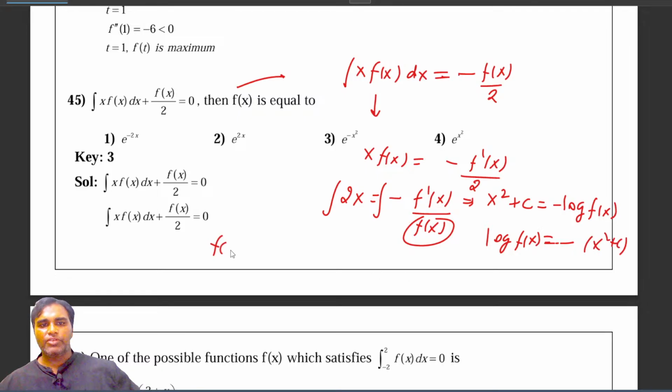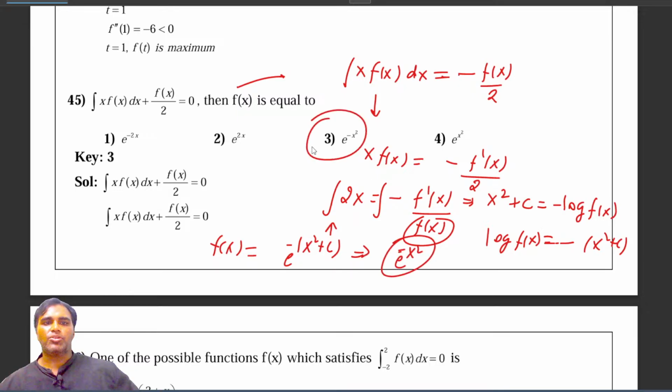So the f(x) value is nothing but e power minus x square plus c. The constant, let's suppose for the time being, will be 0. So we are getting e power minus x square. That is option 3. 45, which is the answer? Option 3. Clear? Or you can just substitute the values also. By checking the options you can get the answer.